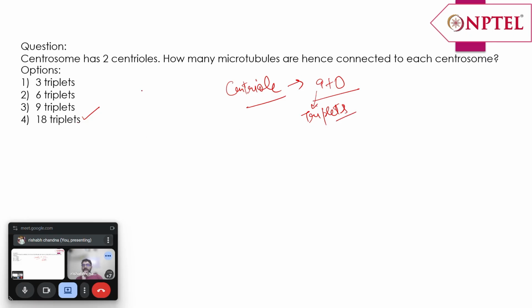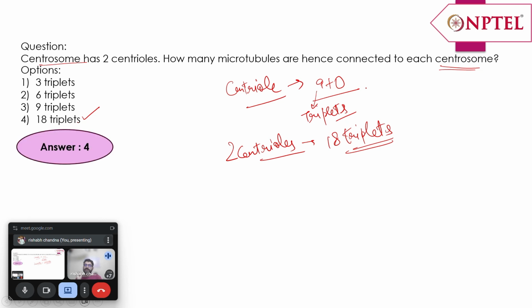But a centrosome has two centrioles. That means 18 triplets of microtubules would be present in a centrosome. So the correct answer is option number 4. Any doubts in this particular question?